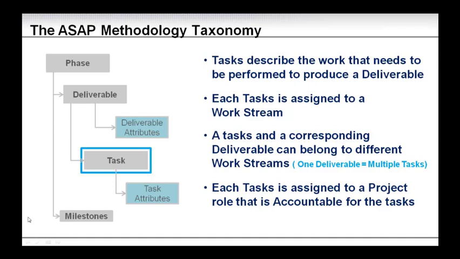Each task is assigned to a project role that is accountable for the task. Now, it does not mean that only that role or that specific person will have to perform the task. A task may require several resources to be involved in completing it. Once the task is completed, it is contributing towards completing a deliverable.